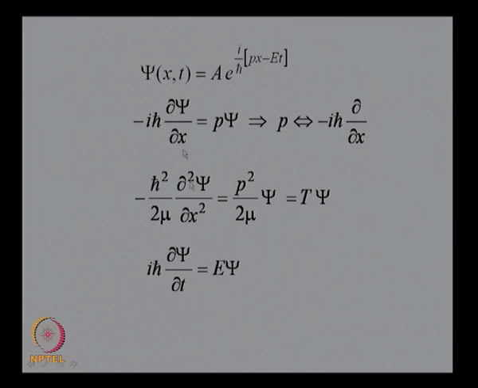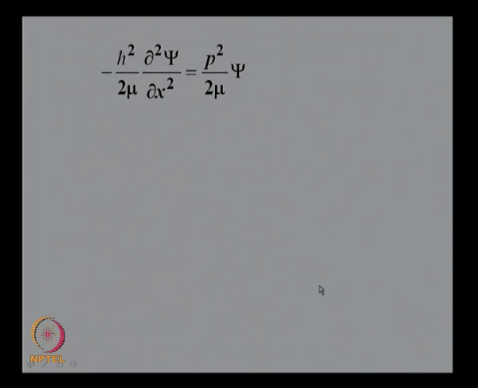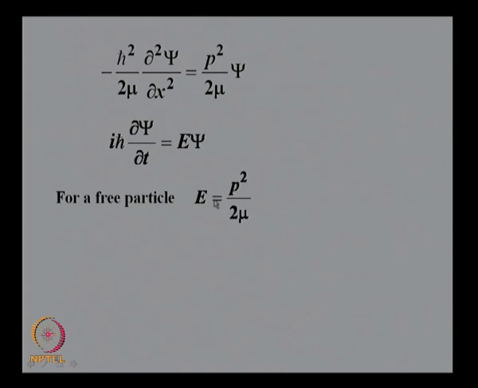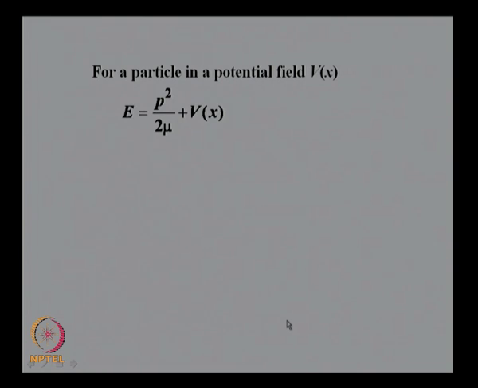And if I differentiate with respect to time, you will get E psi. So for a free particle, E is equal to p square by 2 mu, so this quantity should be equal to this quantity. So I get the one dimensional Schrodinger equation for a free particle.